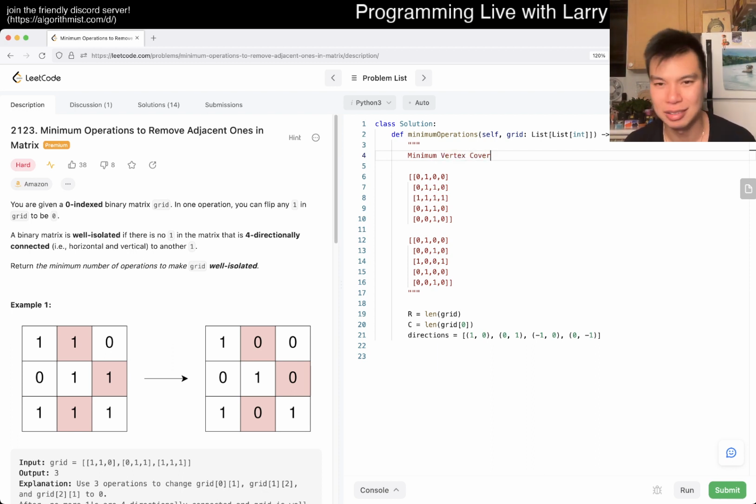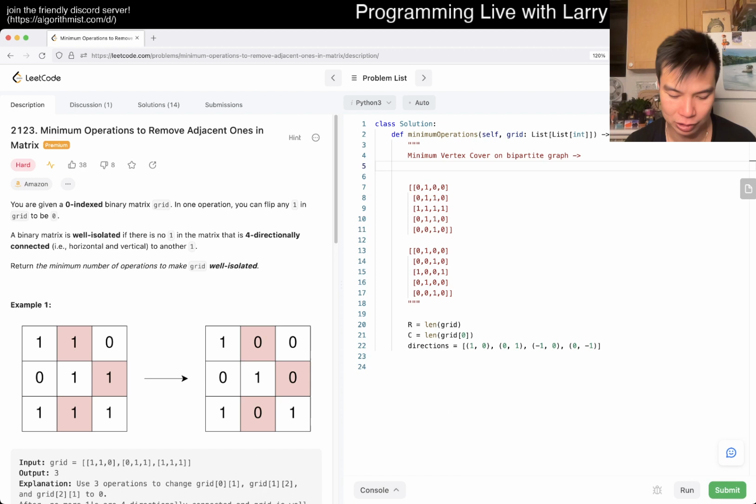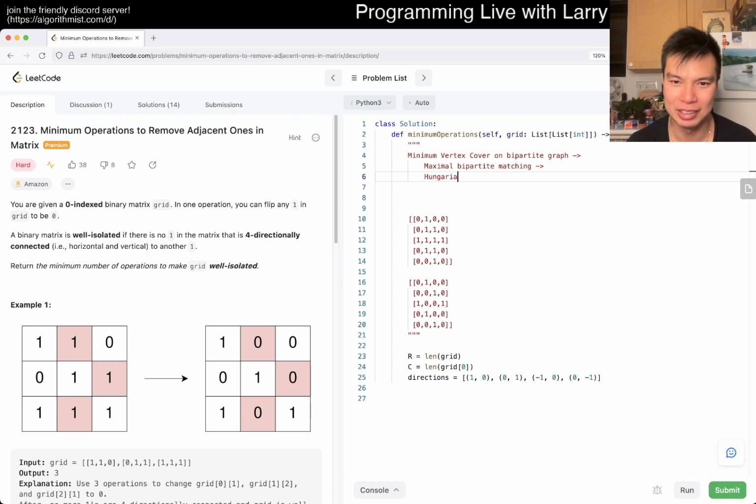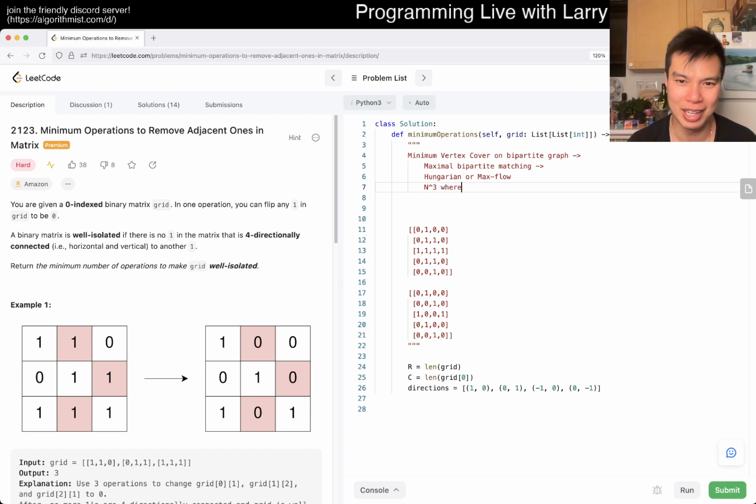Basically, on a bipartite graph, this is apparently equal to maximal bipartite matching, which you can solve using Hungarian or max flow, which usually is n to the cube, where n is number of ones.